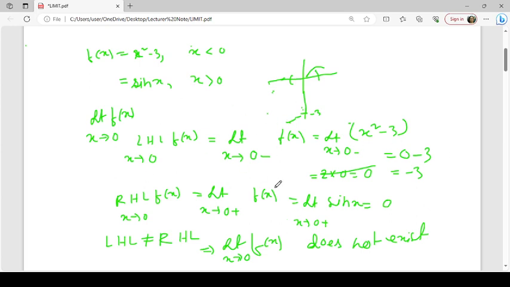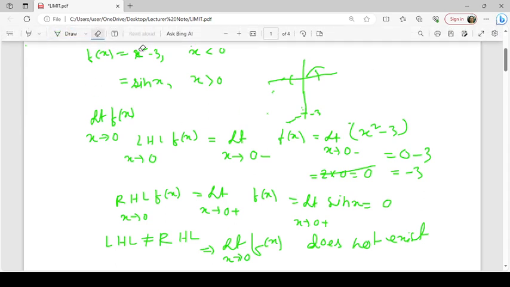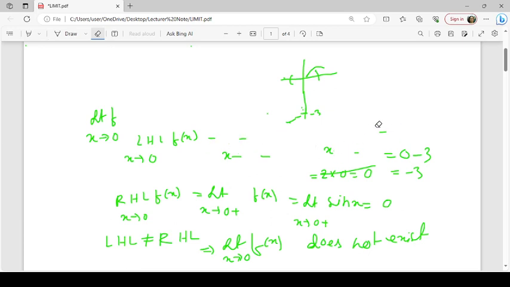So these are the limits, and the next concept is continuity. When we draw the graph of this function, it is not continuous. It is broken at the point x equal to 0.